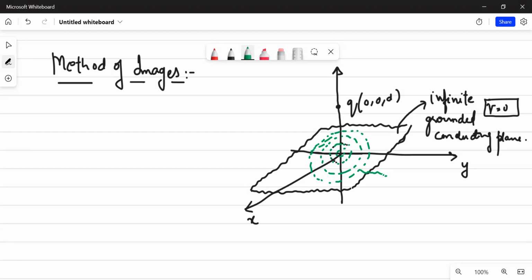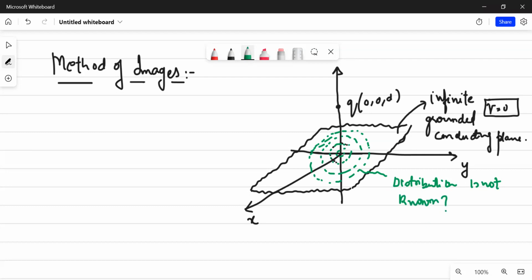As soon as this charge q is placed here, the conducting plane will start inducing equal and opposite charges, in some pattern or distribution that is not known to me.